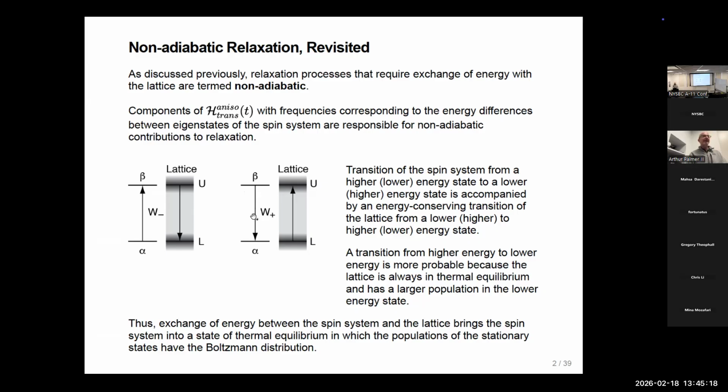There's now more beta than alphas. And as I recover, there must be some energy going into the lattice. So the lattice should be heating up, but it's so big that I'm ignoring the fact that it's heating up. But that's a negligible effect. In principle.